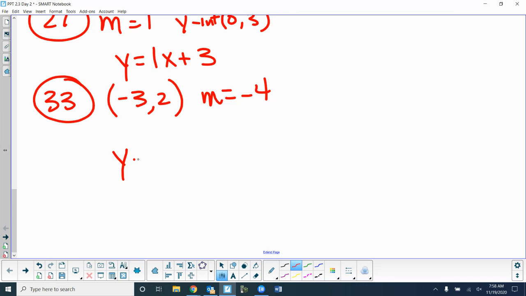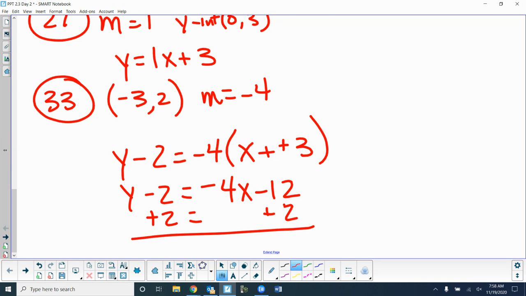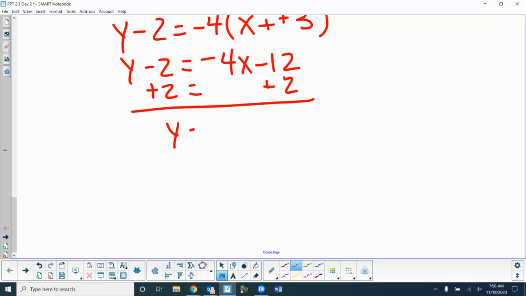Okay, so your y minus the y equals m times the quantity x minus the x, which makes it plus 3. So you do that and then do what we just did. Distribute, and then add the 2. So the answer to 33 was y equals negative 4x minus 10.